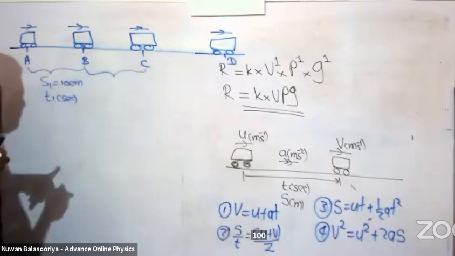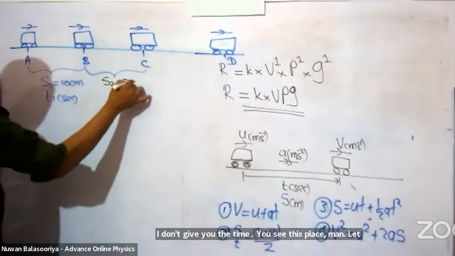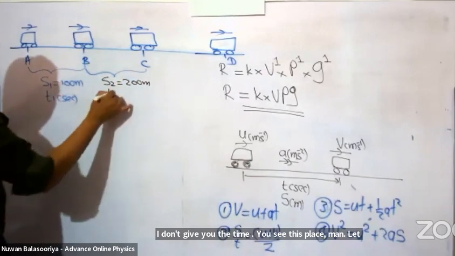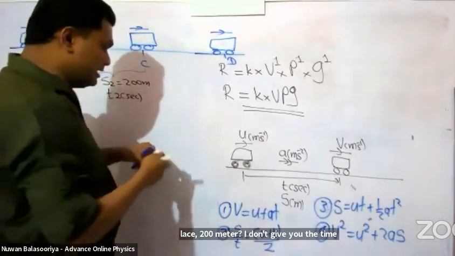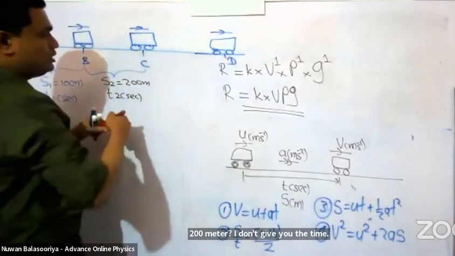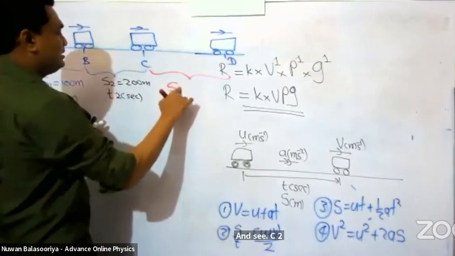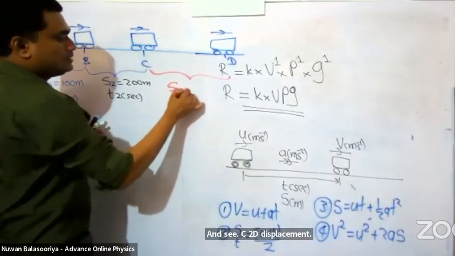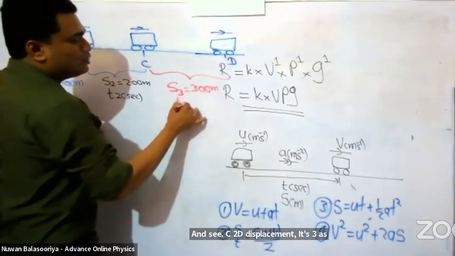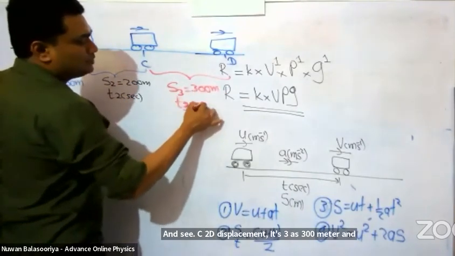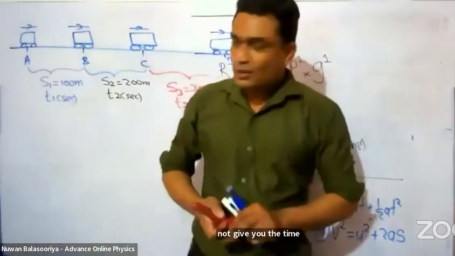The B to C displacement is 200 meters. And the C to D displacement, S3, is 300 meters. I do not give you the time. Draw the figure and wait until I give you the questions.